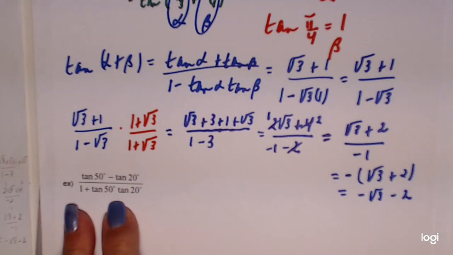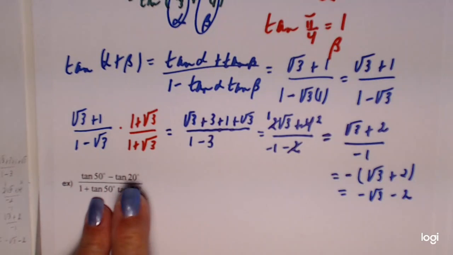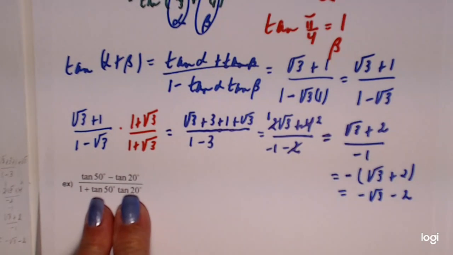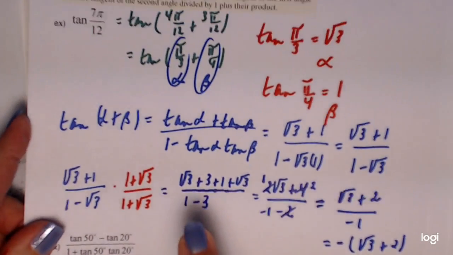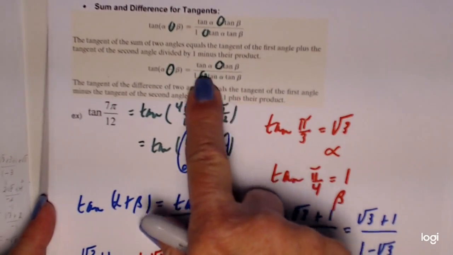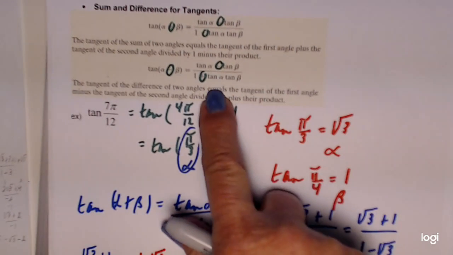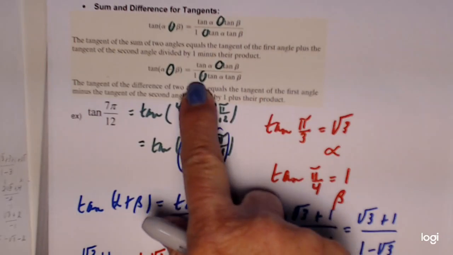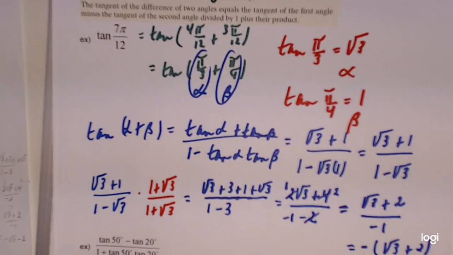So when we look at this, we can see, as I've said before, it looks suspiciously similar to some of the formulas that we looked at before. We have a tangent and a tangent with a minus sign. So if we go back to the sheet, tangent and tangent with a minus sign in the numerator, and then a plus sign in the denominator, that is the formula for the tangent of alpha minus beta.